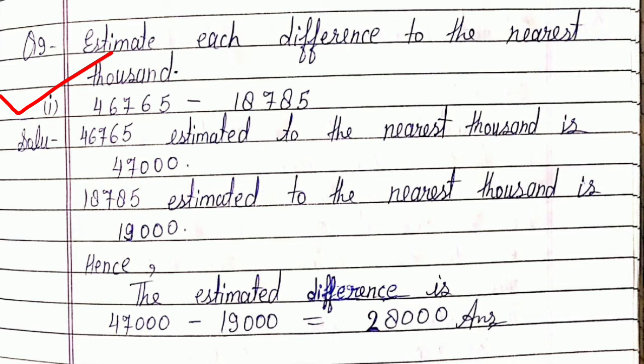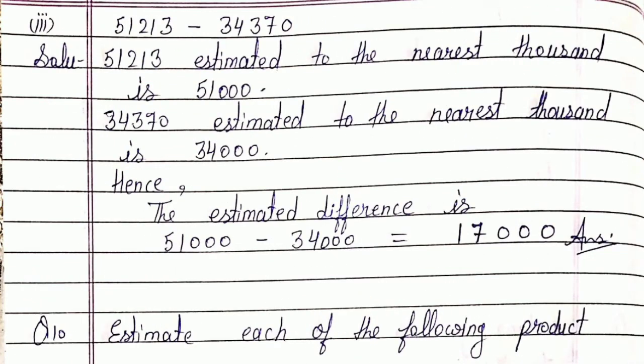Hence the estimated difference will be 47,000 minus 19,000, which is equal to 28,000. Look at the next part of the same question. Part number 3.